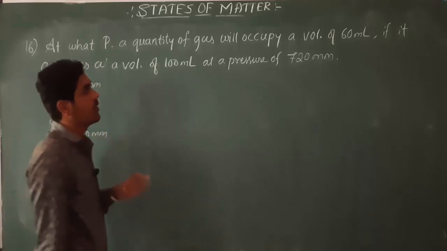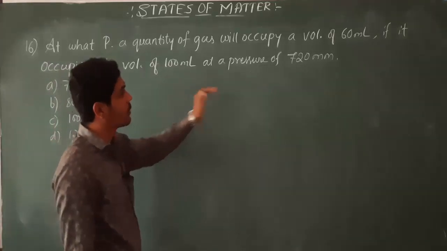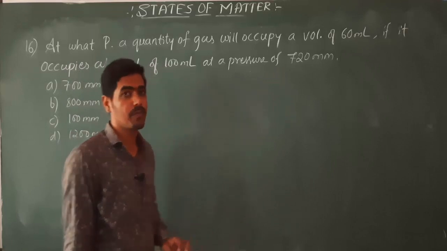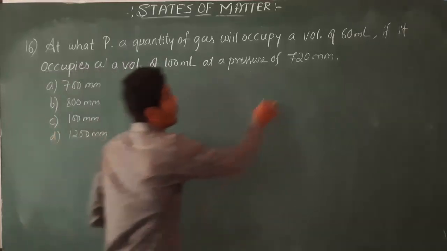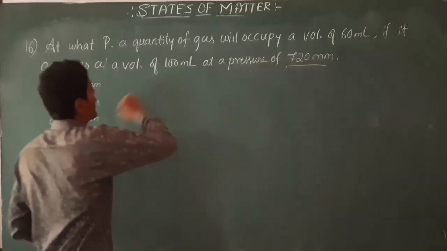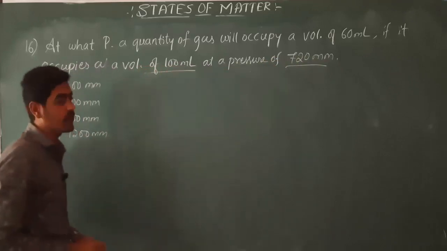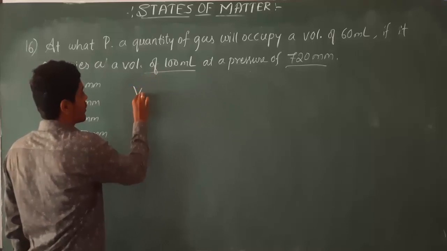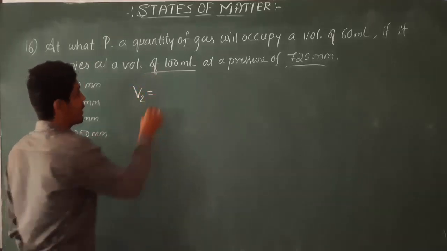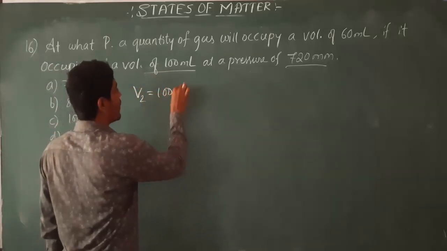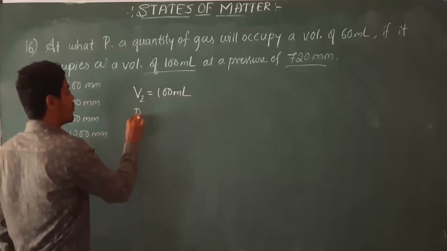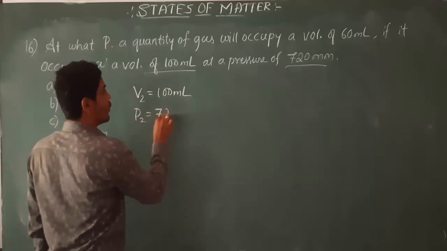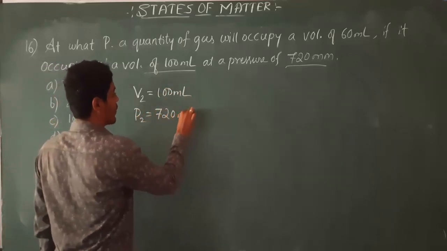So here they have given the final pressure and final volume. Consider that volume as V2, which is equal to 100 ml, and P2 is 720 mm.